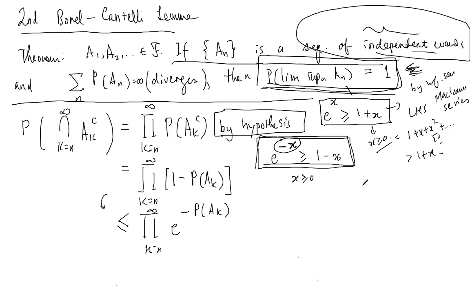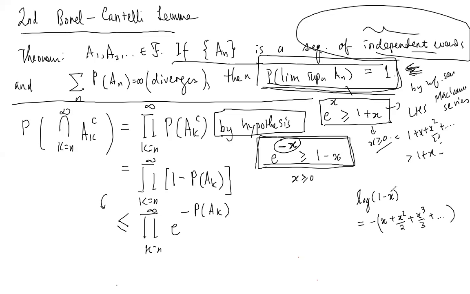Okay, so this part here, we know the following. The log of 1 minus x is equal to minus x minus x squared over 2 minus x cubed over 3 and so on. This is the infinite series representation for log of 1 minus x, right?